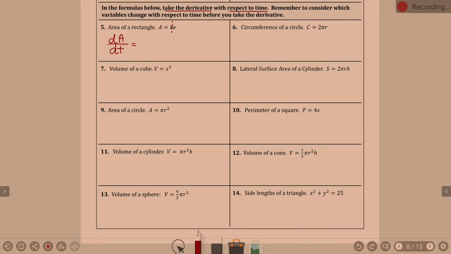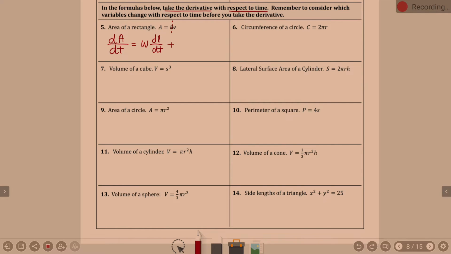Now, when we look at this, take the derivative of one, keep the other, and then flip it, right? So in this case, what do you want to do? L prime W. Except I'm not going to use primes here. I'm going to use with respect to t. So the derivative of L is dL/dt, and then we're keeping the W, so I'm writing this as W times dL/dt.